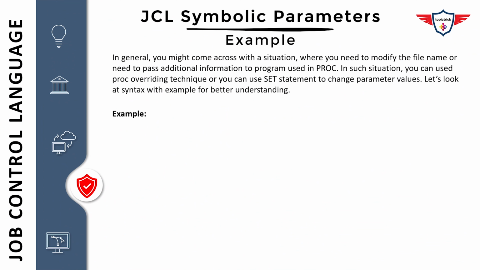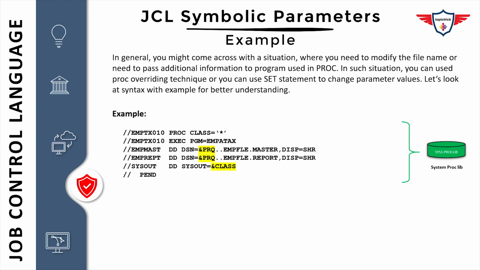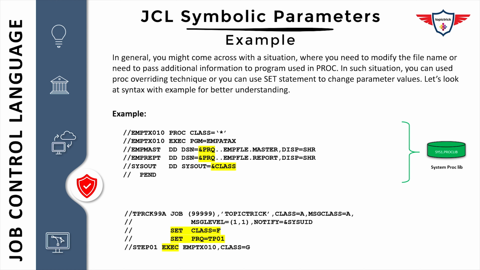And in case you are using symbolic parameters in your proc, then probably you can use the set statement to change the value of those parameters. In fact, using the set statement is a more preferable approach rather than opting for the proc overriding technique. Now let's look at the following example.